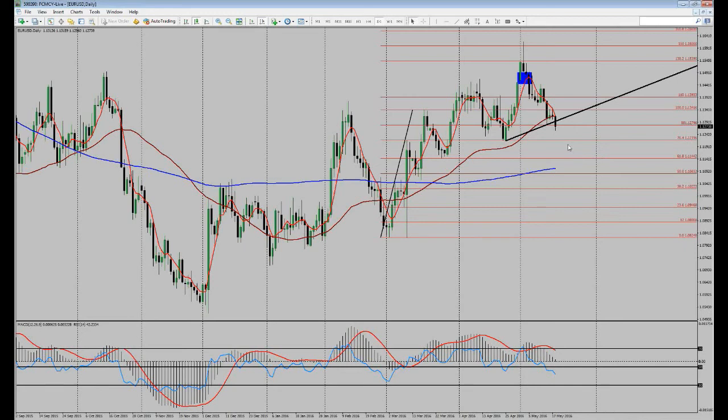Nonetheless, if you are going to be shorting euro dollar, I believe it's a great opportunity to short it at or above 1.1280, with your stop at or above 1.1335. That should be your short opportunity, while your take profit targets should be at or below the 1.1144 level.